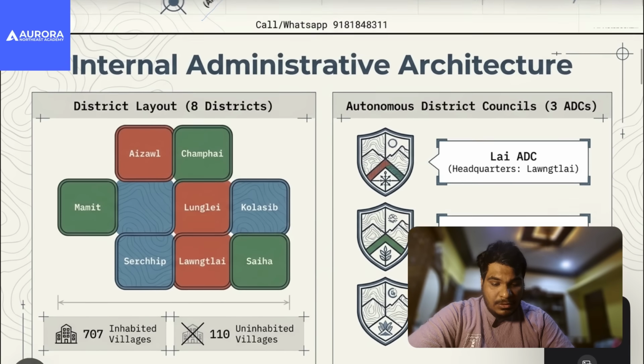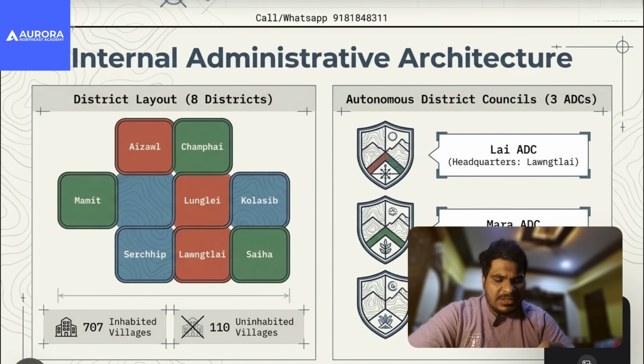Now, this is definitely not the updated districts. This is as per the 2001 census. In our foundation class, we'll go through the updated details. As per the 2001 census, these are the districts: Mamit, Aizawl, Champai, Lunglei, Kolasib, Saiha, Lawngtlai, Serchhip.